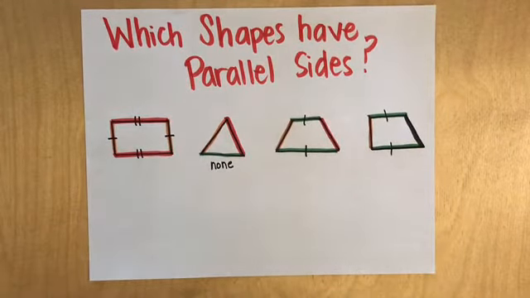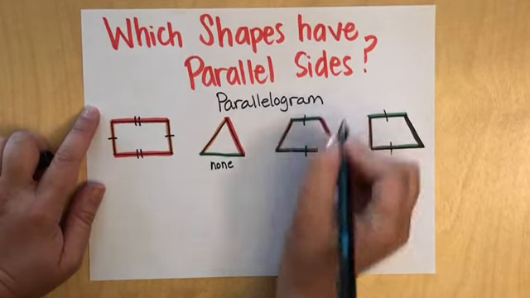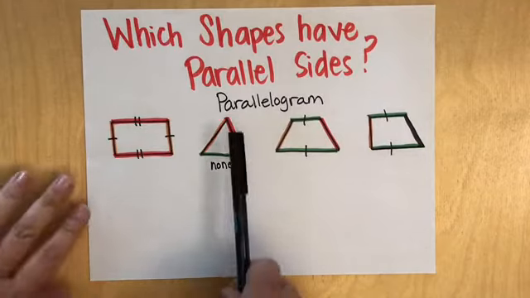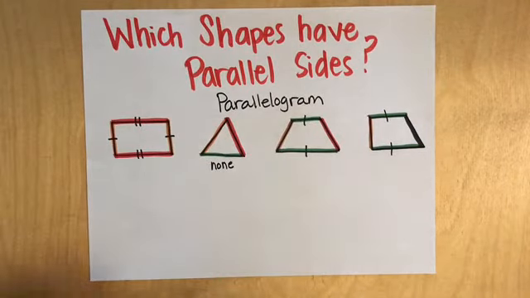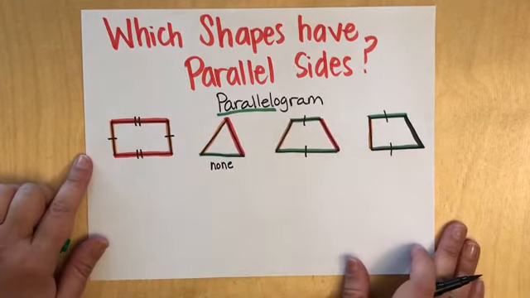Okay, so now that you've seen parallel sides inside of a shape, there's a new word that I want you guys to think about. It's called a parallelogram. Go ahead and write down this word while I talk about it. A parallelogram has that word parallel in it.